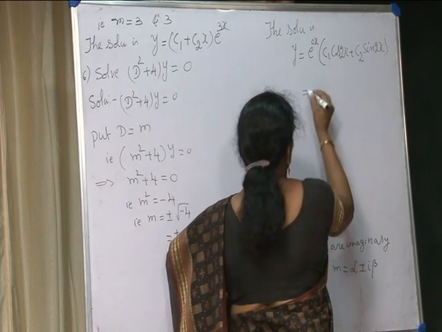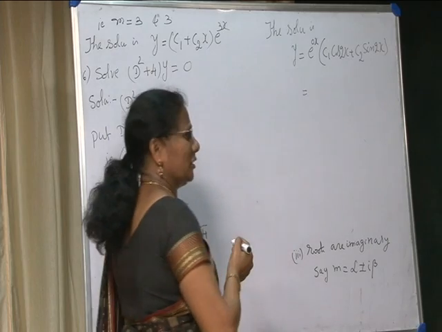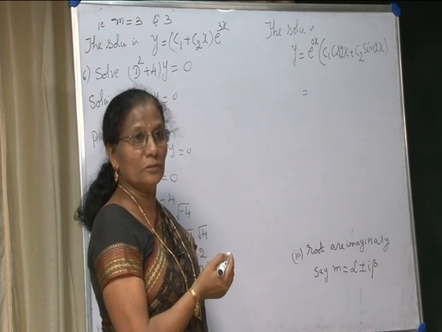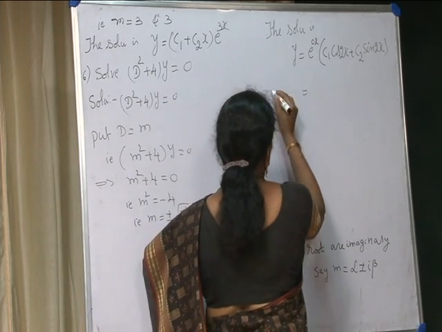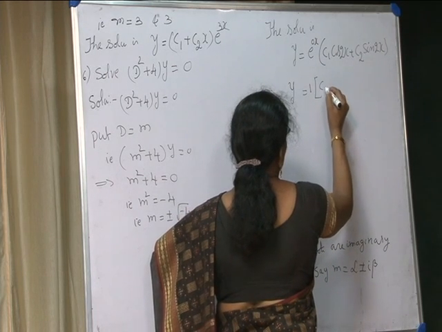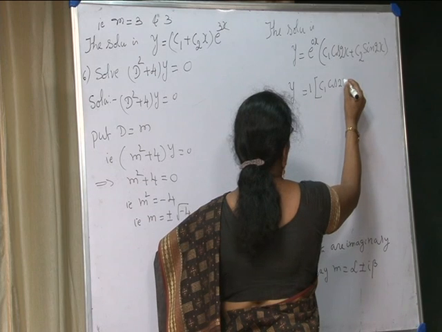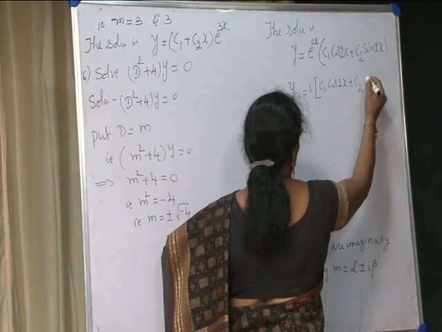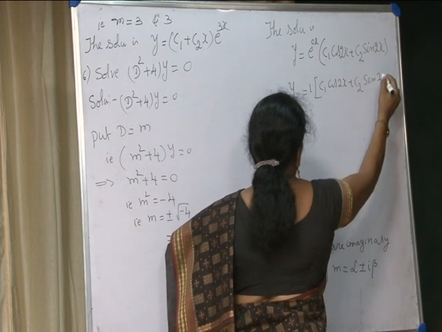This is equal to e to the power of 0 times x, which is 0, and e to the power of 0 is 1. Therefore, y is equal to 1 into c1 cos 2x plus c2 sin 2x.